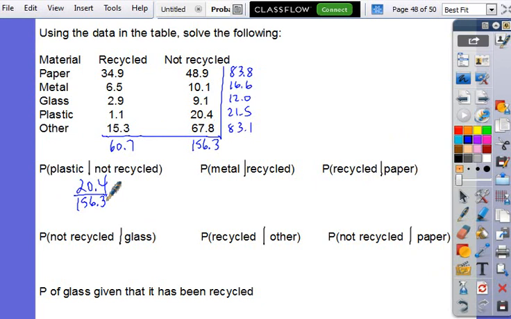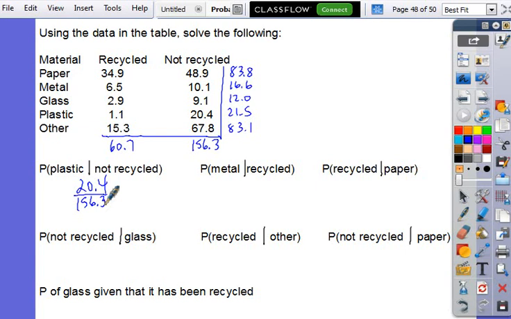I think what EOC would have is the decimal version of this divided out. So when you look at the answers on the EOC, if the answer is like 0.17, then you know you've got to divide this out. If it gives you the fraction, then you just match up the fractions. Does that make sense? So depending on what the answers are on the EOC, you either leave it like this or you divide it out.